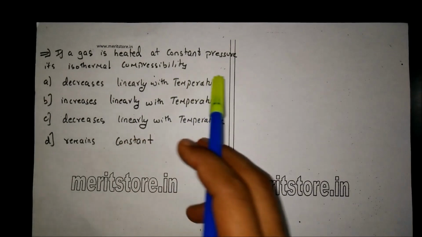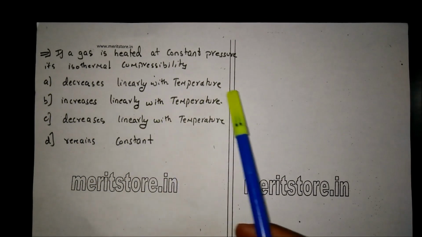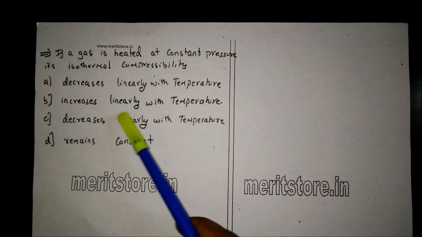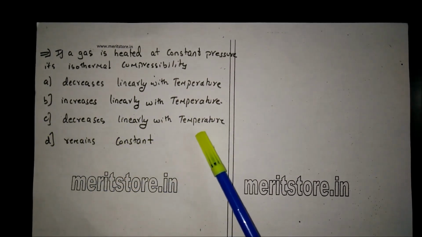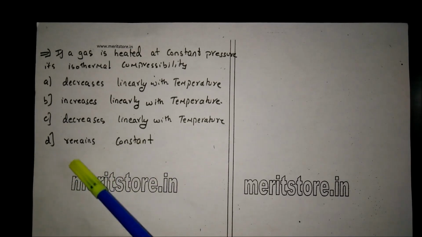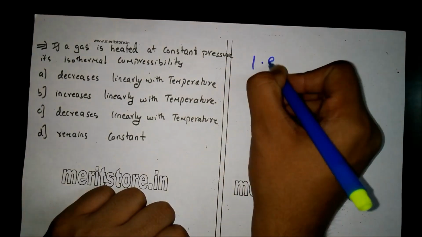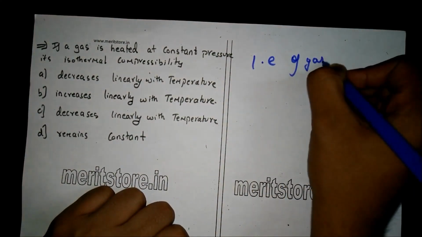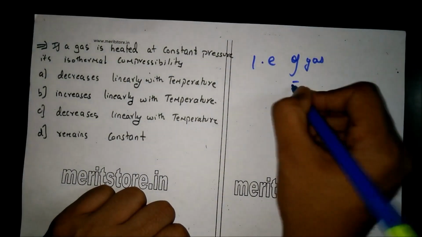Gas is heated at constant pressure. Its isothermal compressibility: A, decreases linearly with temperature; B, increases linearly with temperature; C, decreases linearly with temperature; or D, remains constant. Now, here isothermal elasticity, i.e., of gas, is numerically equal to its pressure.